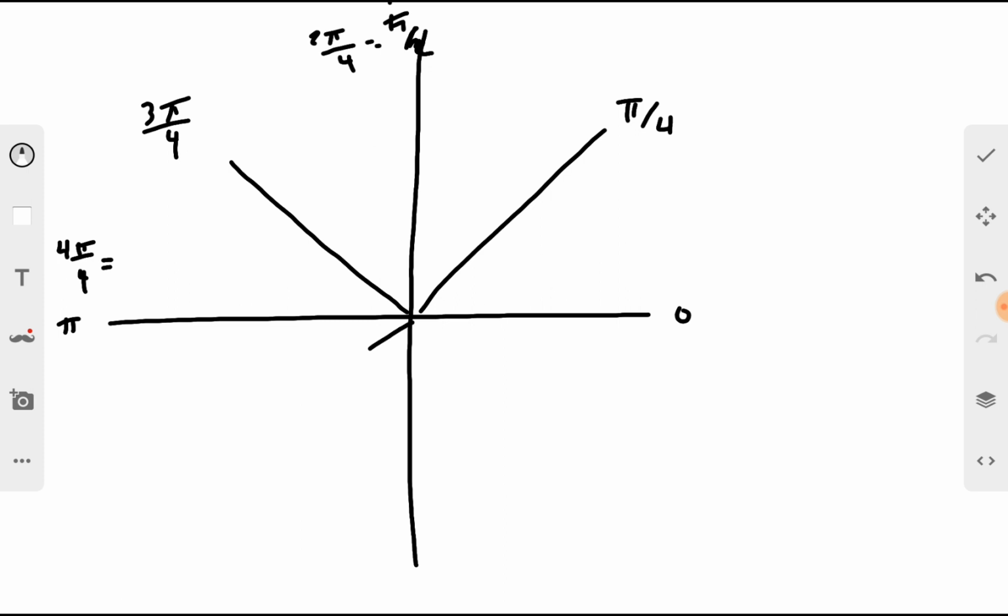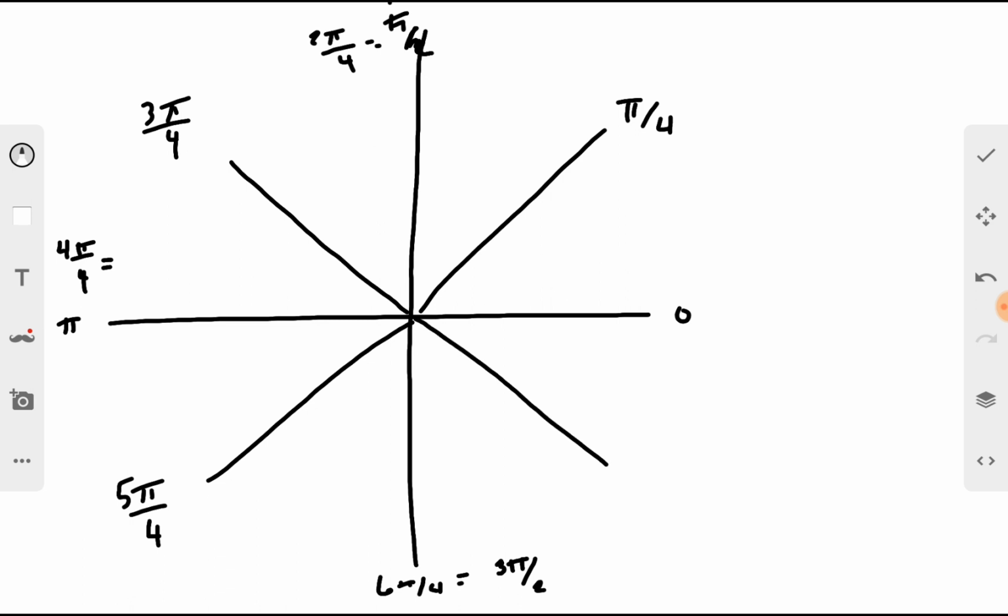Okay, 5 pi over 4, 6 pi over 4, and that's the same as 3 pi over 2. Okay, so that's 6 pi over 4, 7 pi over 4, and then one more brings us to 8 pi over 4, which is 2 pi.